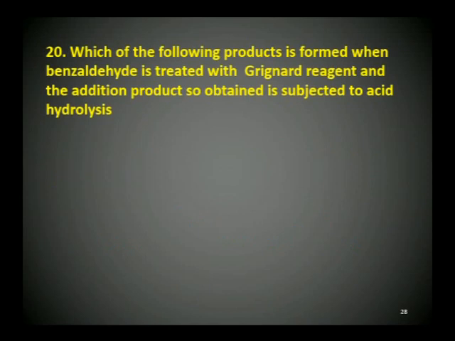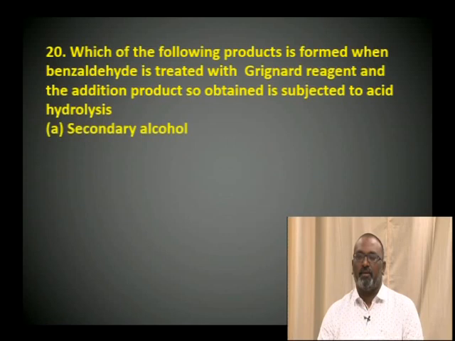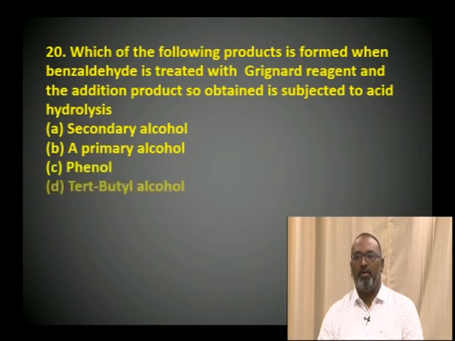Question number 20. Which of the following products is formed when benzaldehyde is treated with Grignard reagent and the addition product so obtained is subjected to acid hydrolysis? The options given are secondary alcohol, primary alcohol, phenol or tertiary butyl alcohol.